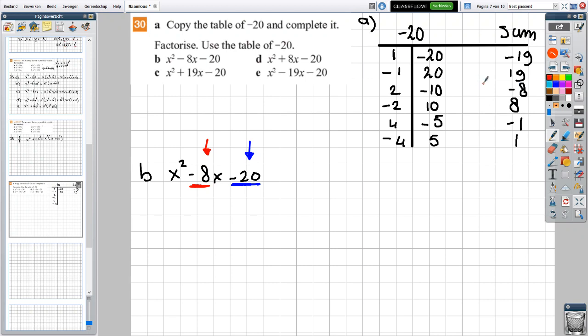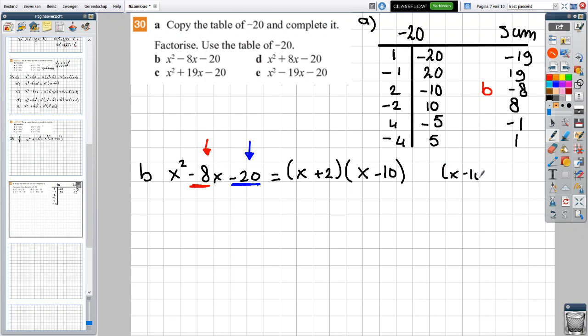Well, for B, that's why I write a B here, that's only this combination. 2 and -10 gives me a product of -20, and 2 and -10 gives me a sum of -8. So if I now want to write this inside of brackets, I get x, and write down the numbers that are right here, x plus 2 and x minus 10. If you want to do this the other way around, that's fine as well, right?